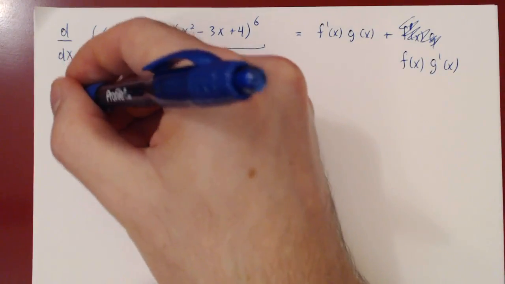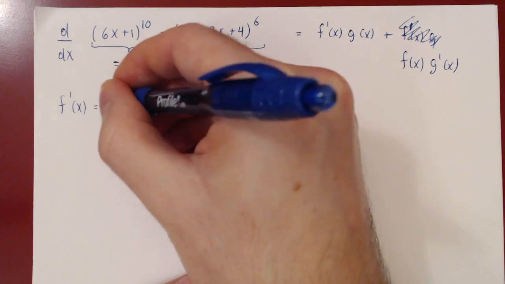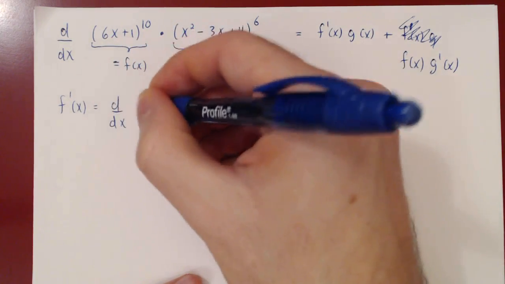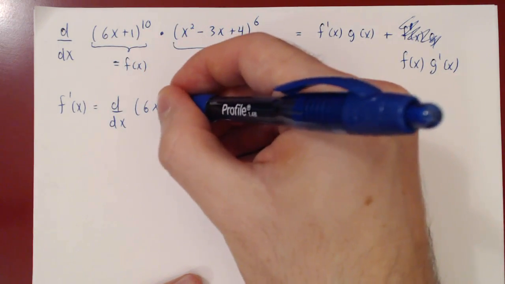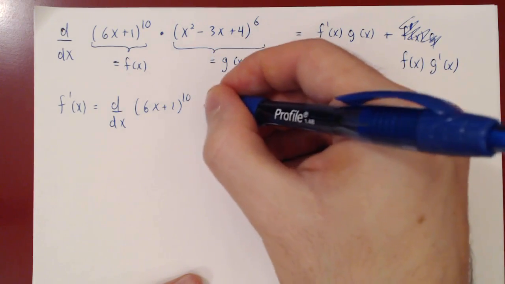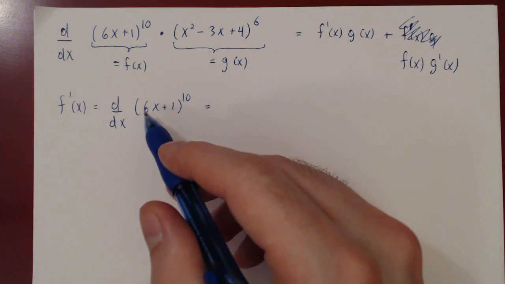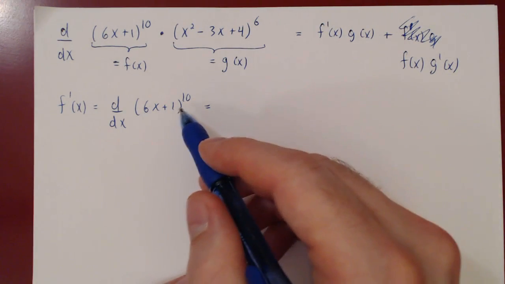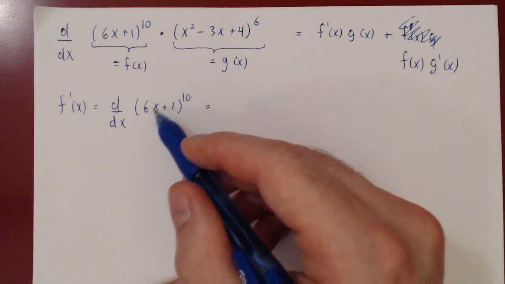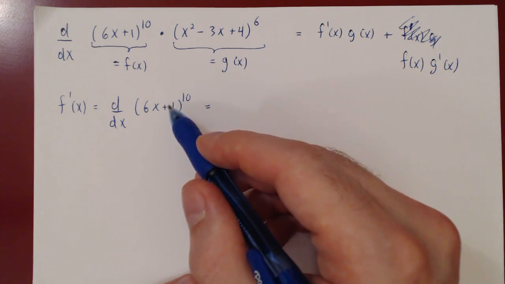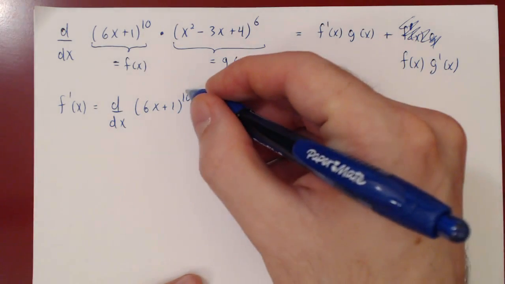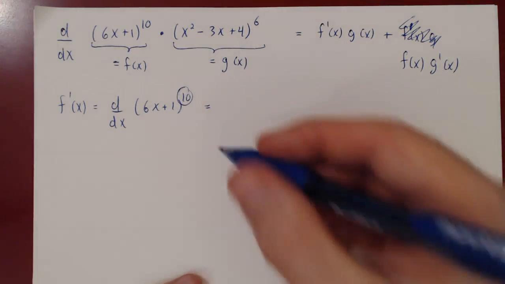So f prime of x is the derivative of the function 6x plus 1 to the 10th power. And now here we have a composition. We have to use the chain rule. So if I give you x and you plug it in here, you first do 6 times x, then add 1, and then you take the 10th power. The outside function is the power 10.